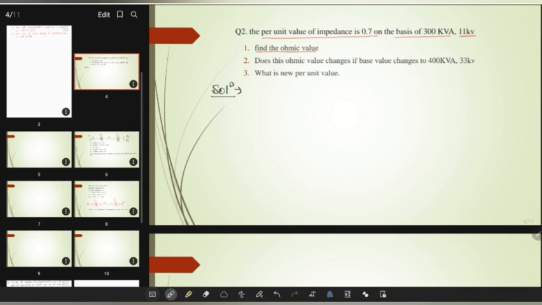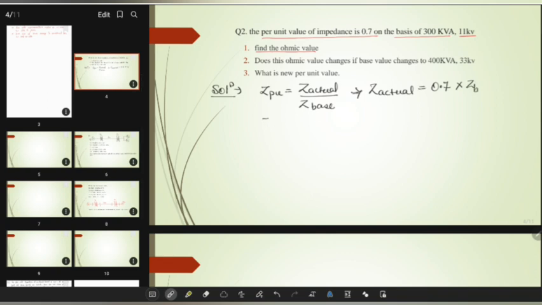As we all know, the per unit value is the ratio of the actual value divided by the base value, right? So we need to find the actual value. The actual value will be per unit into base, so per unit they have given 0.7 into base.